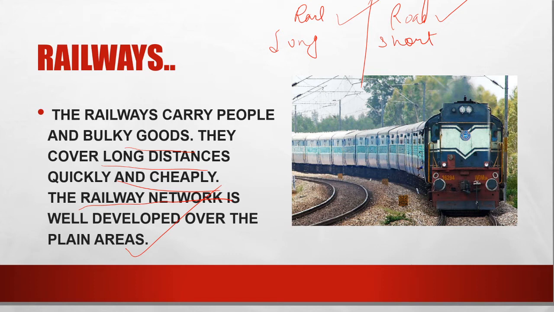Now the second point is that it is cheap to lay roads, but somewhat expensive to lay rail lines. Now, rail can carry bulky goods also, but this is not possible by road, unless we transport it through trucks.